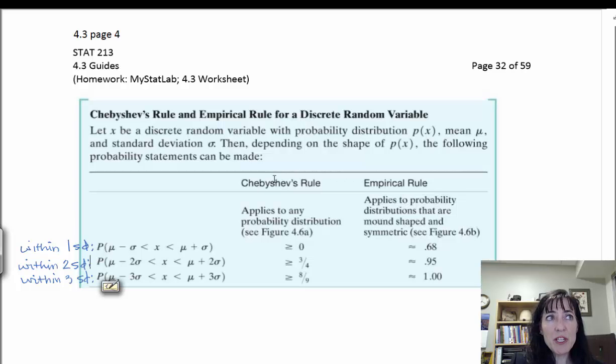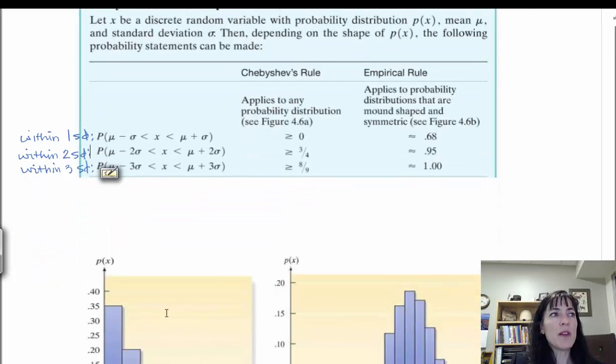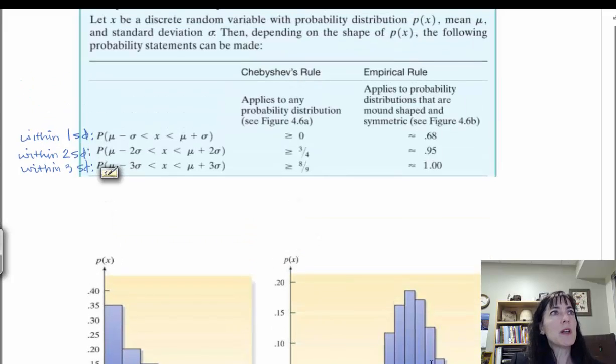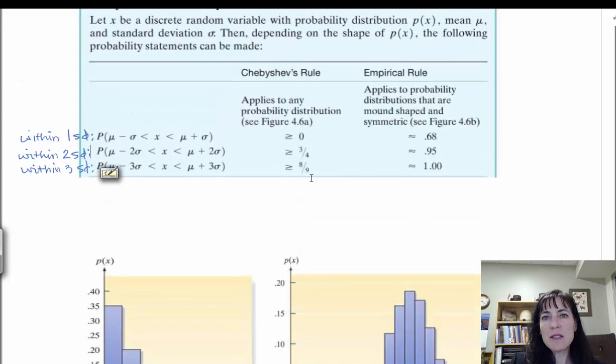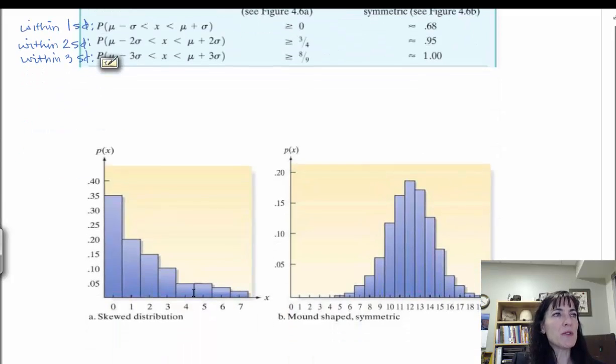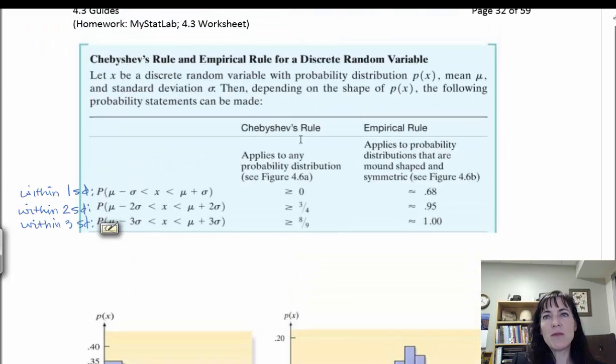And remember, Chebyshev's is dealing with unknown shapes of distributions like this skewed one. Empirical rule applies only if you know that the shape is mound-shaped. So, and then again, 8/9, this is the same rule as we had before, and 100% within 3 standard deviations. Remember, it was 99.7, so it was very close. And so it's a mound-shaped for that, and this one is for unknown. That would apply for Chebyshev's rule.